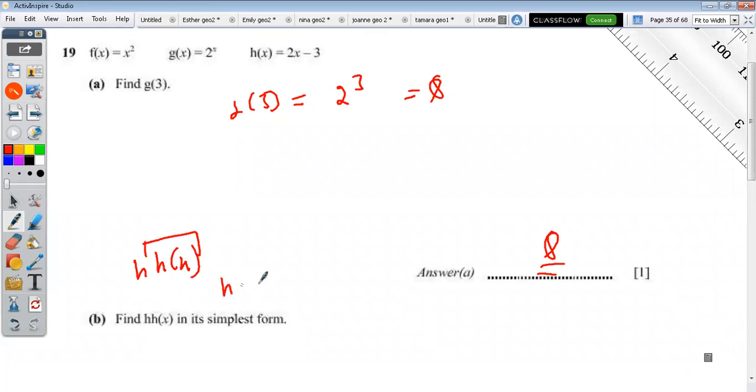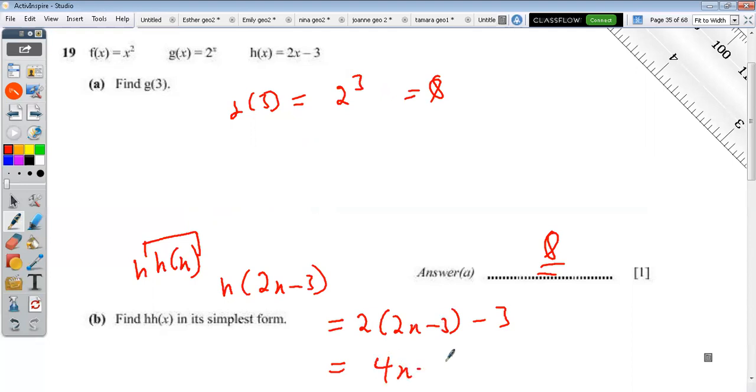So it's h brackets 2x minus 3. Then what it means is the value of x here in the h of x is replaced by this here. Is 2x minus 3 minus 3. Remove brackets, 4x minus 6 minus 3 gives you 4x minus 9.